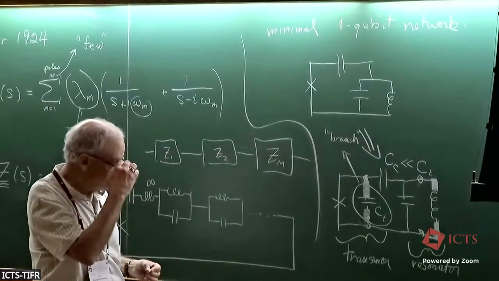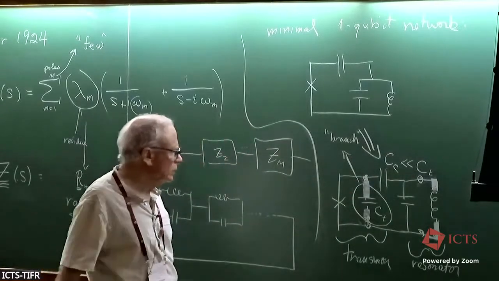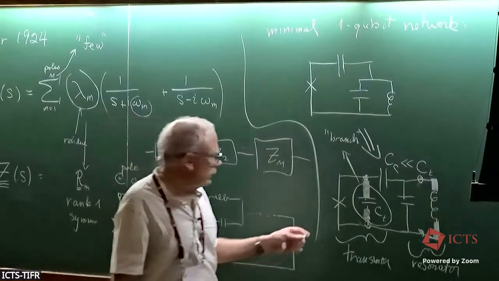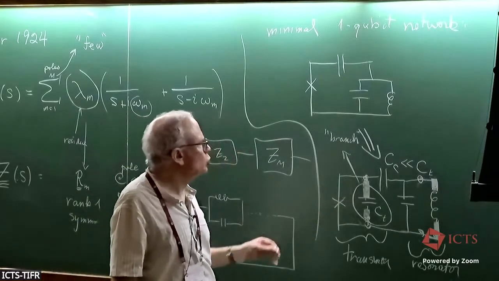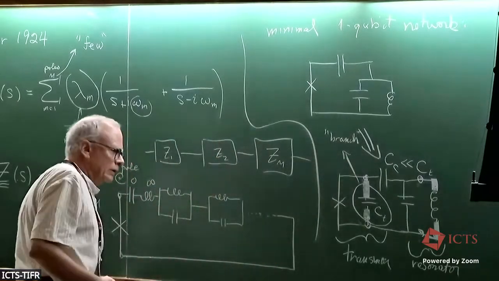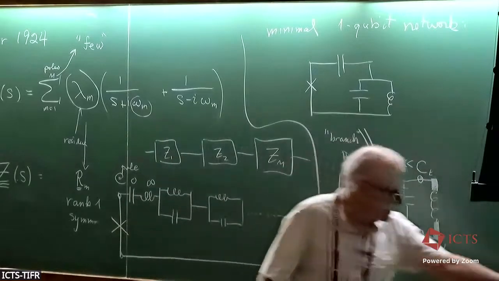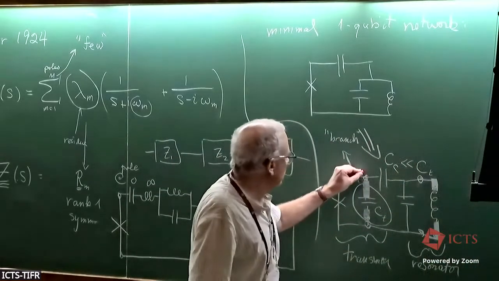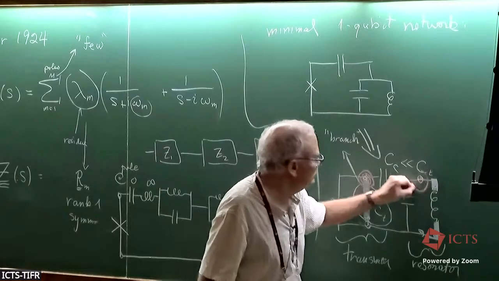So I study the circuit, and I can deduce that there will only be two independent variables, which in this circuit example are associated with this node and this node.